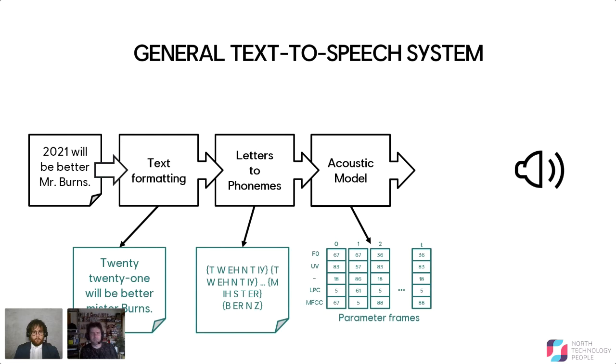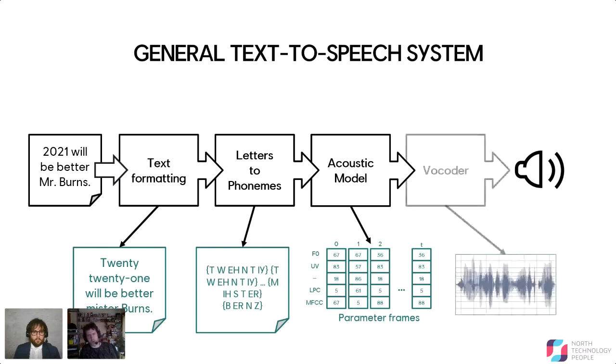And now with deep learning, you will often see a mel spectrogram, just frames of FFTs that have been changed into a different scale for frequencies. And then from this series of parameters, the vocoder's job will be to translate this into a series of samples. This is the last part that is making really the wave file that you're going to hear.